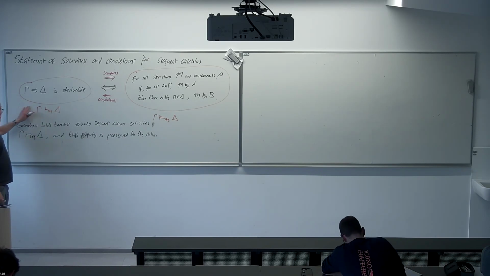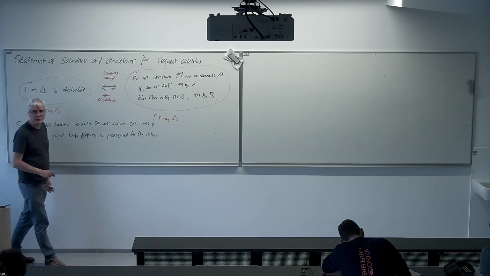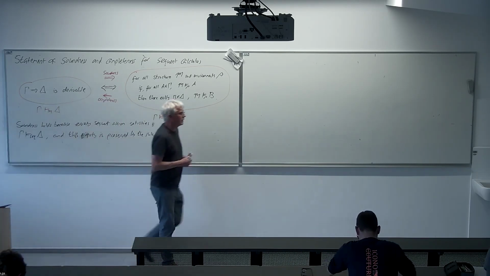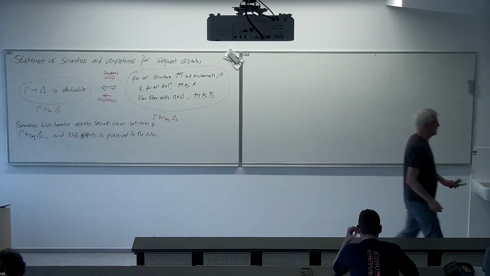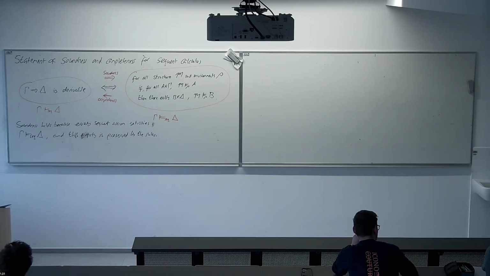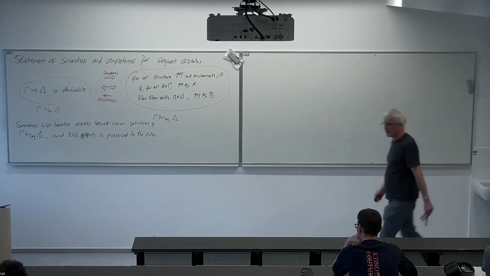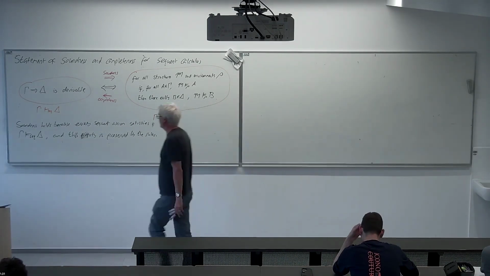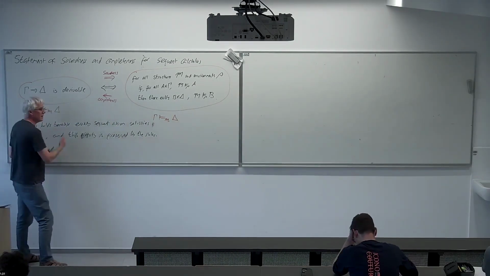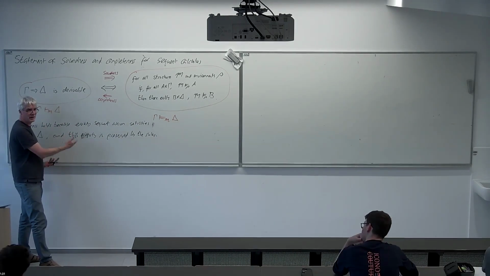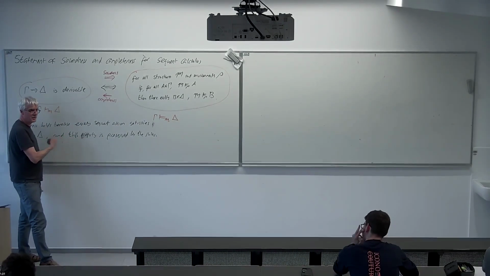What I do want to do is show you, we've already had one outline of a proof of completeness. I'm going to give another one using the sequent system. The reason for doing this is there's a very elegant proof of completeness for the sequent system.